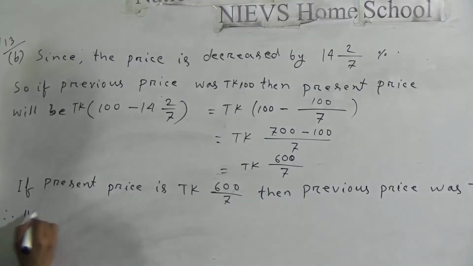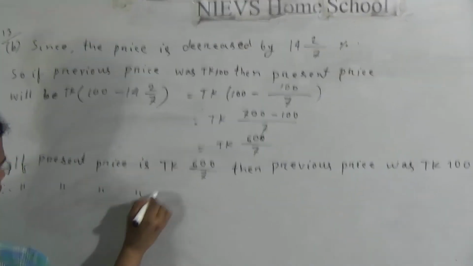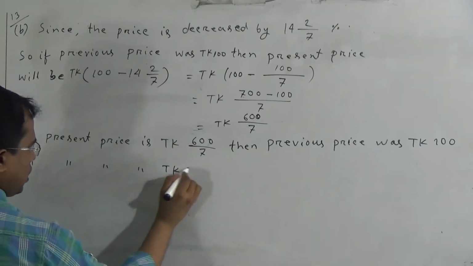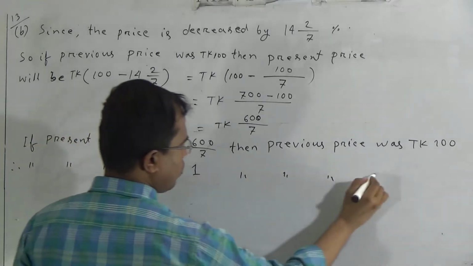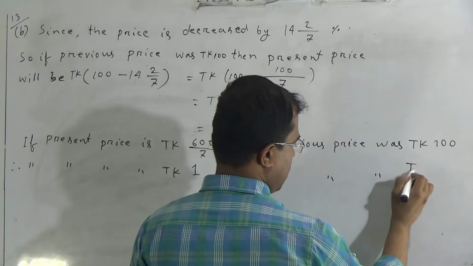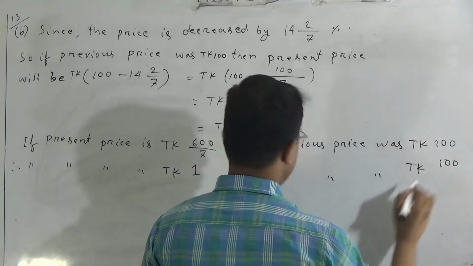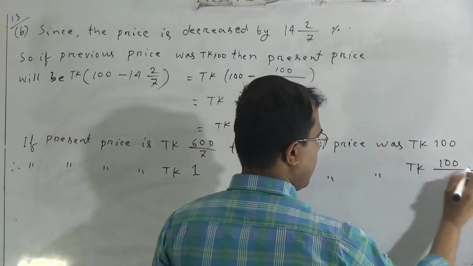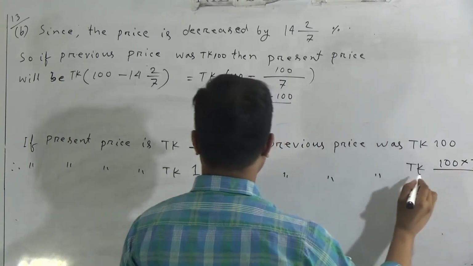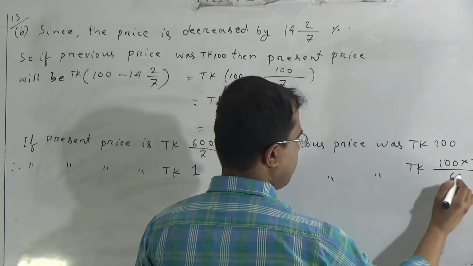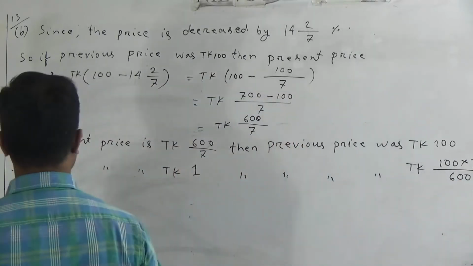Therefore, if the present price is TK 1, then the previous price was TK 100, here 7 will come in the numerator and 6 will come in the denominator.